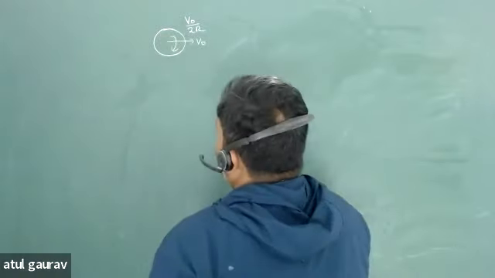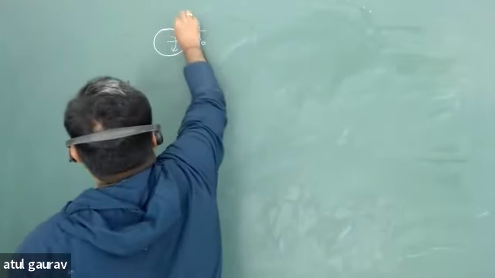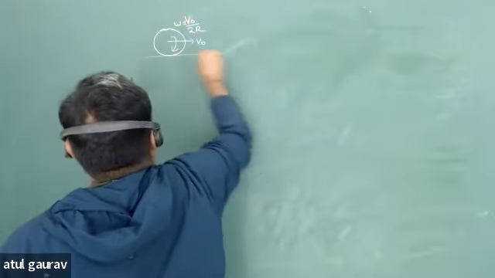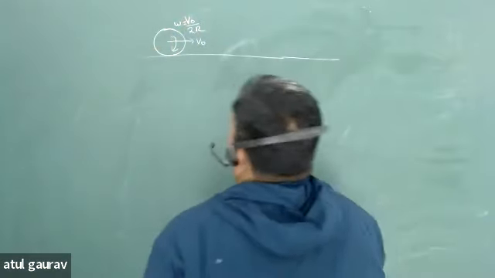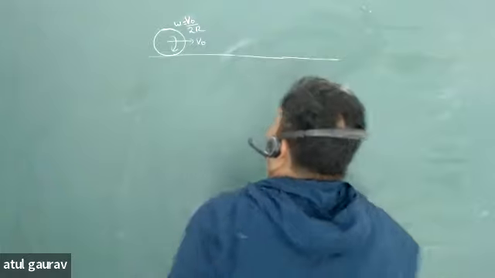Suppose this kind of situation is there. Angular velocity is v0 upon 2r. And it is just moving ahead.